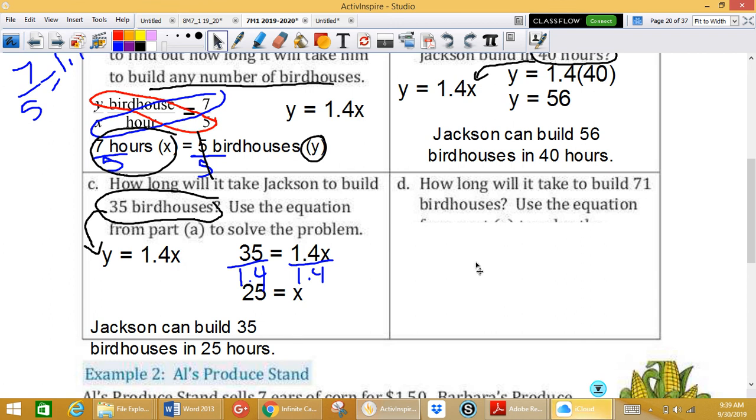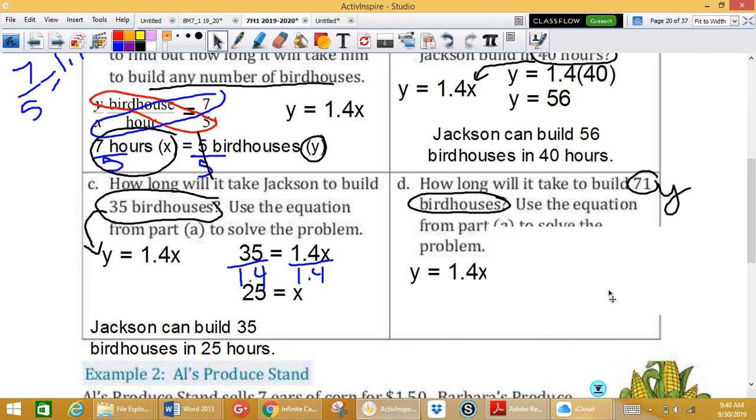How long will it take him to build 71 birdhouses? So I have 71 birdhouses. Again, that's my y. So I'm going to use my equation, and I'm going to take the birdhouses, the 71, and plug it in for y, and solve.